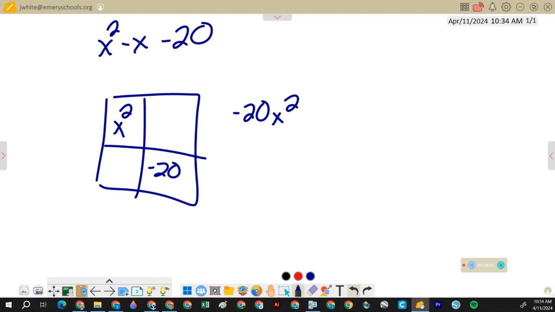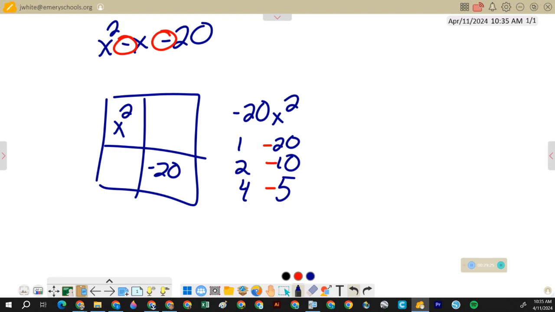What are the factor pairs for 20? 1 and 20. 2 and 10. 3 doesn't work, so we skip it. 4 and 5. What do we know about the signs? This tells me they are different, and this tells me the bigger one is negative. So we'll put negatives over here.